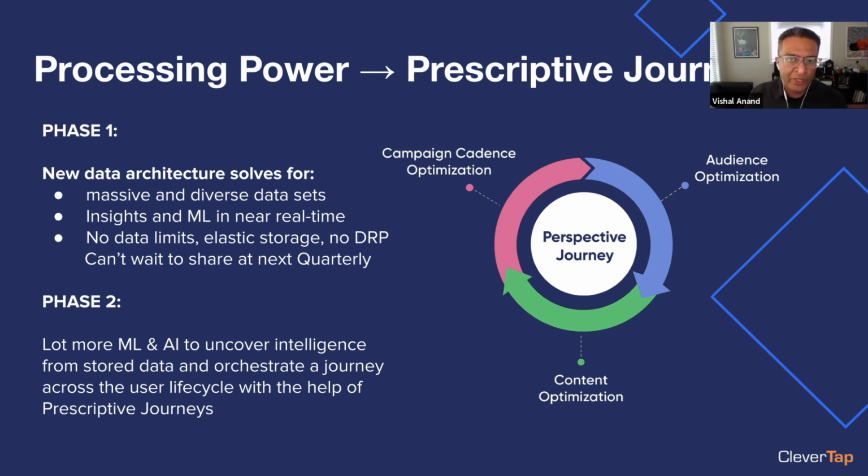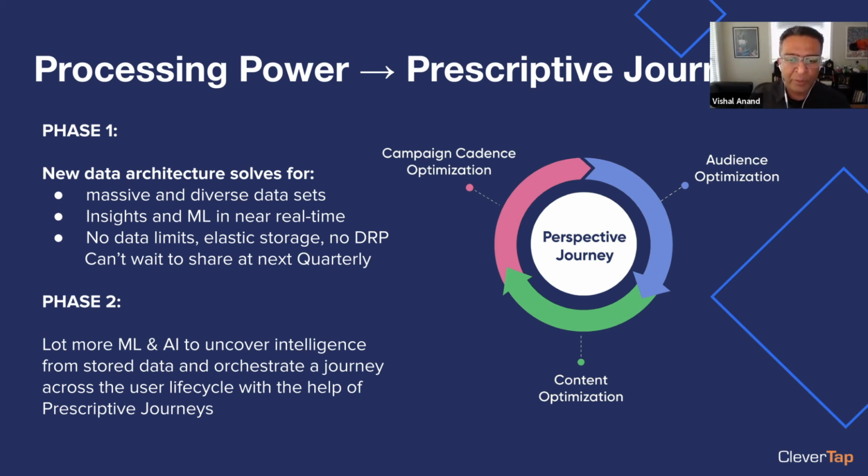And finally, I want to share a sneak peek of what's coming up next. We realize that it's crucial to have access to the entire available data to harness the insights hidden in it. We have to use AI to uncover intelligence from data and orchestrate the journey across the user lifecycle with the help of prescriptive journeys.